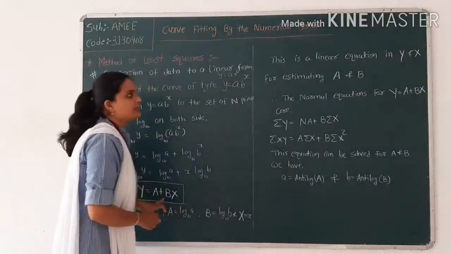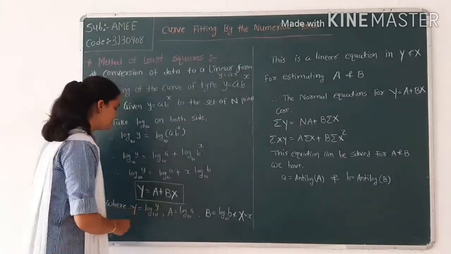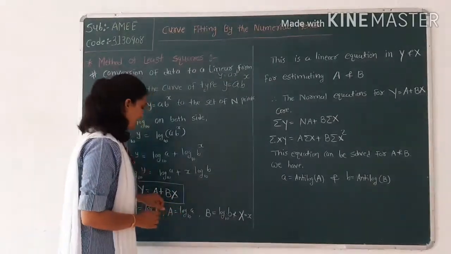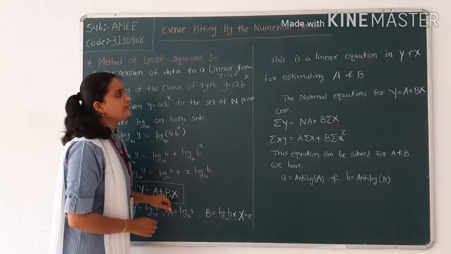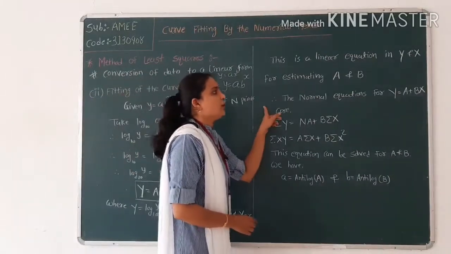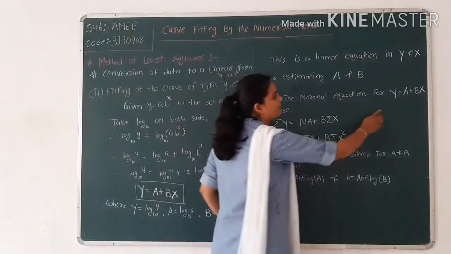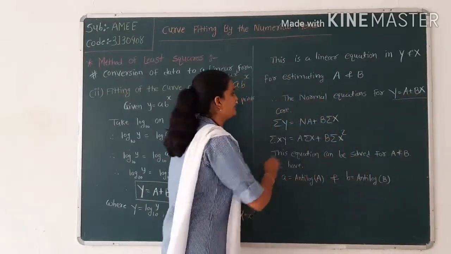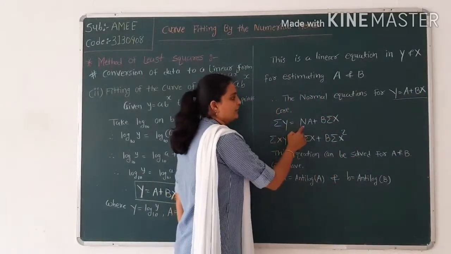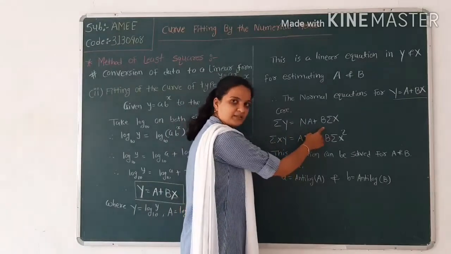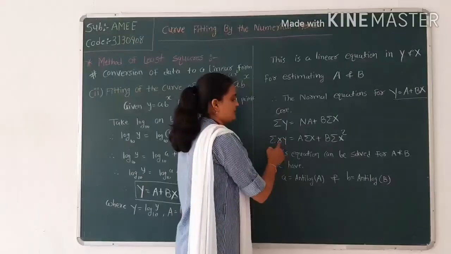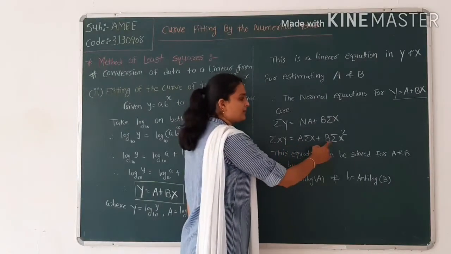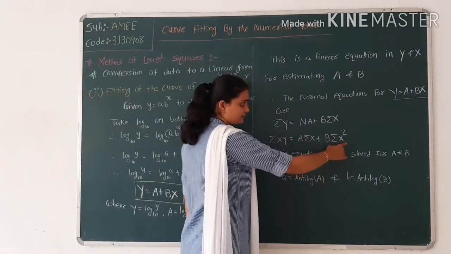This equation is a linear equation in Y and X, and we estimate the values of A and B. The normal equations for y equals a plus bx are summation y equals na plus b summation x, and summation xy equals a summation x plus b summation x square.